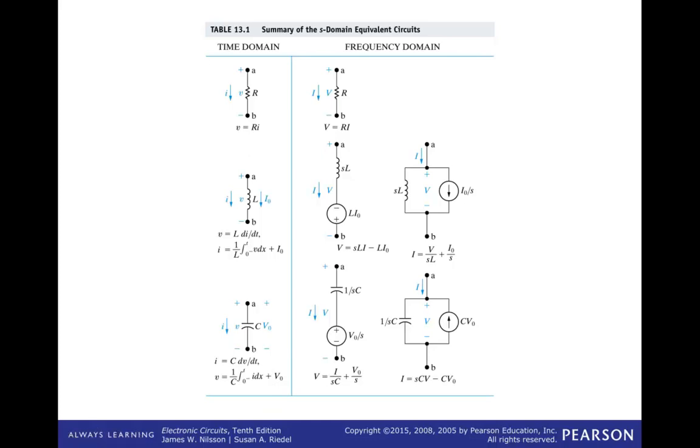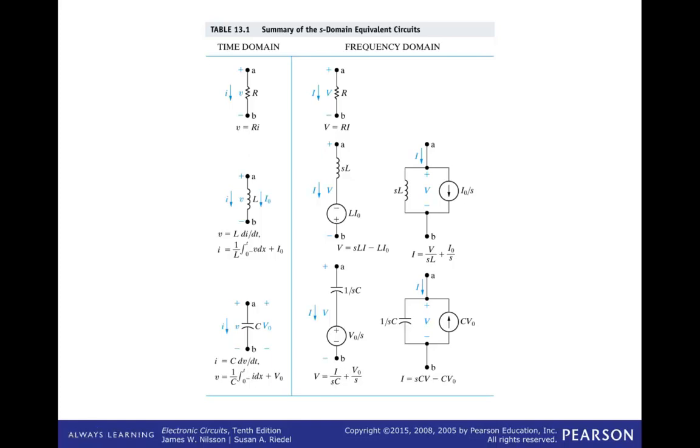So it's actually a DC voltage times a step function. So when we transform it, it becomes V0 over s. This integral becomes I over sC, because an integral goes to 1 over s in the Laplace domain.